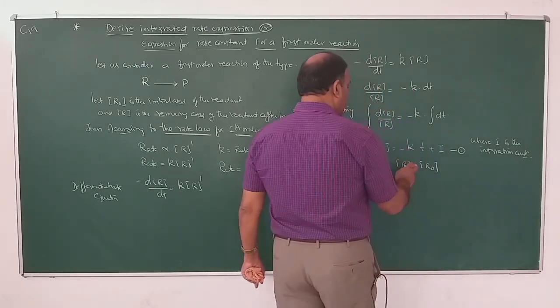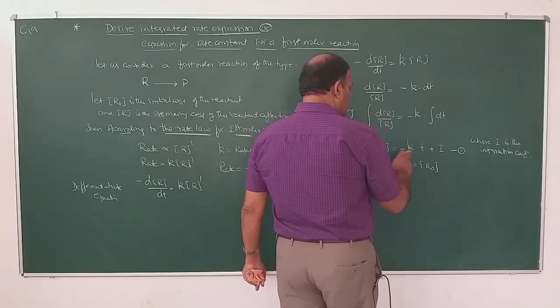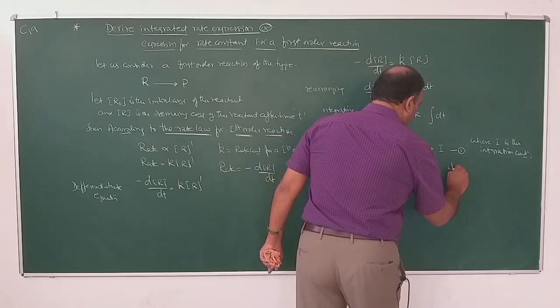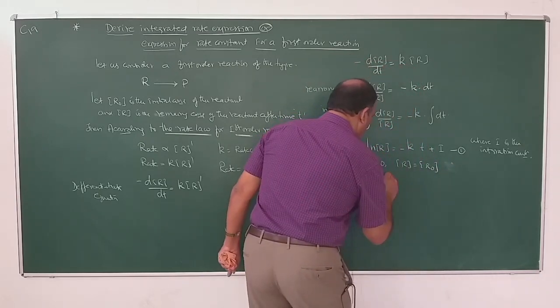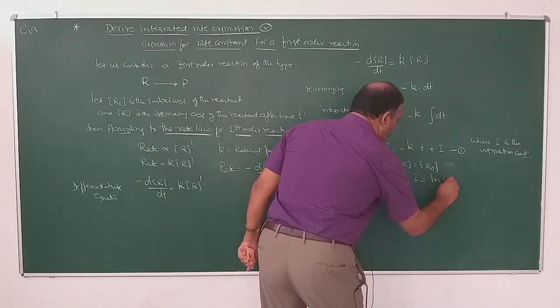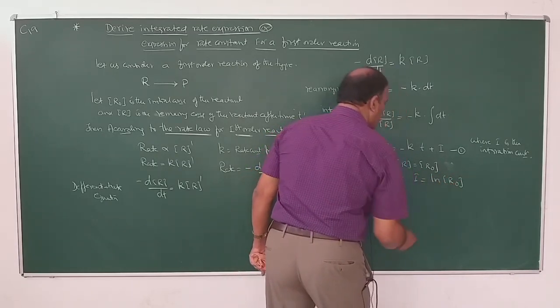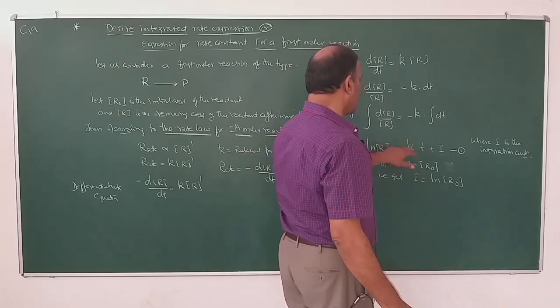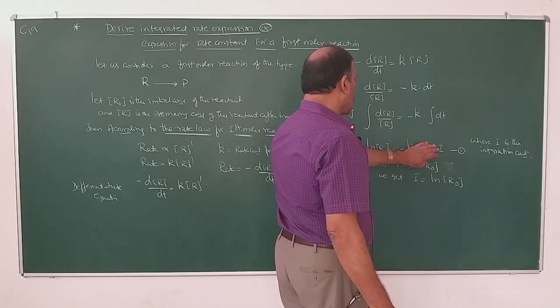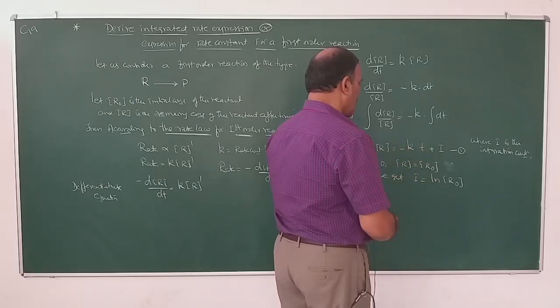So substituting t equals 0 and [R] equal to [R]0, we get I is equal to ln [R]0.